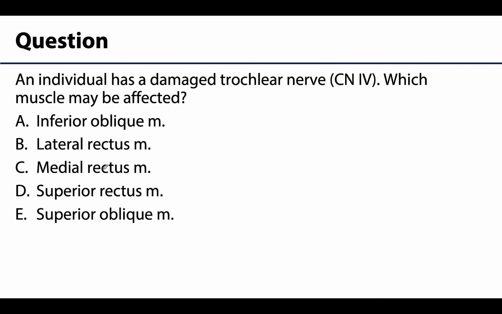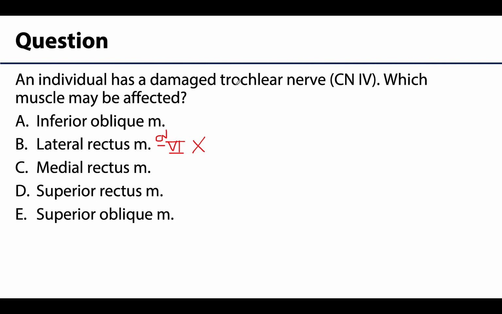So recall that 4 out of 6 of the extraocular eye muscles are innervated by the oculomotor nerve. And there are 2 exceptions. There's one innervated by the trochlear, and that's what this question's asking for, and the other by abducens. So the abducens is cranial nerve 6. That will innervate the lateral rectus. All right? So this is not the right answer. And this is not cranial nerve 10 here. So we are talking, the abducens is cranial nerve 6.